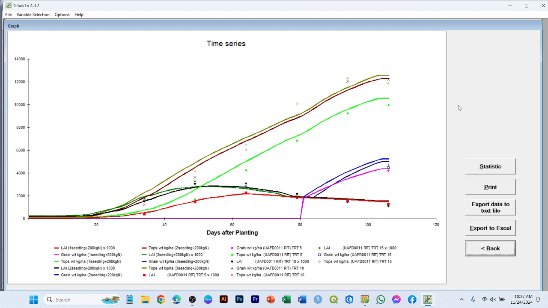Who is there? You don't need to select all. Okay, run all, run model. Good. Go to analysis, the top one. Then grow. No, no, no. Next one.